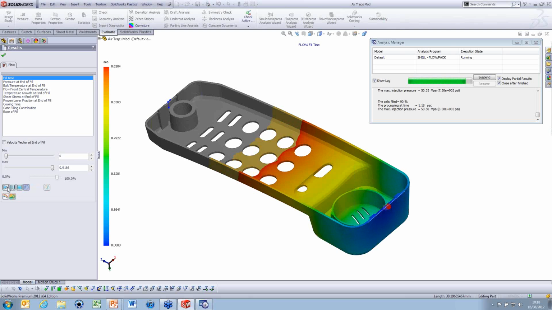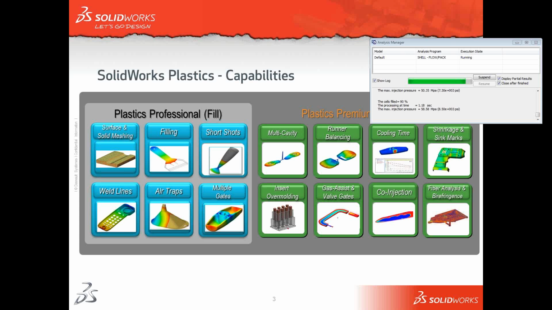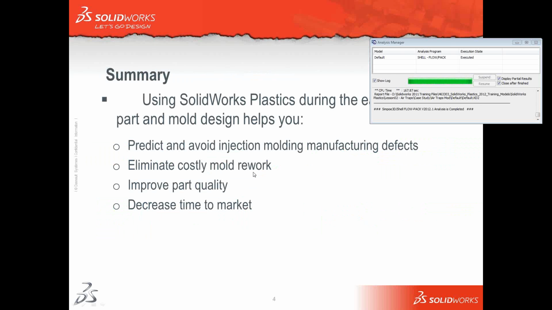So we were looking at trying to reduce that air trap as much as possible, so we don't necessarily need the whole study to run. But if we want to take a look at some of the other graphs, we would need to just allow that to finish.